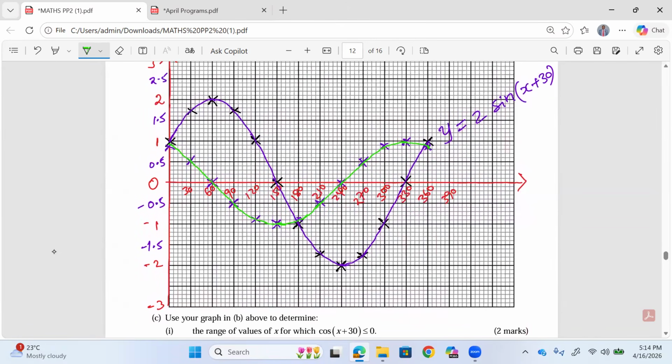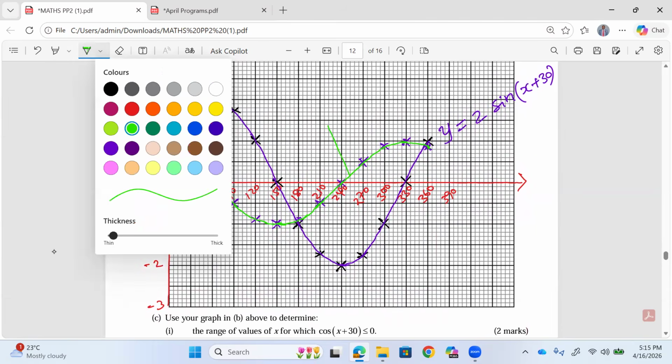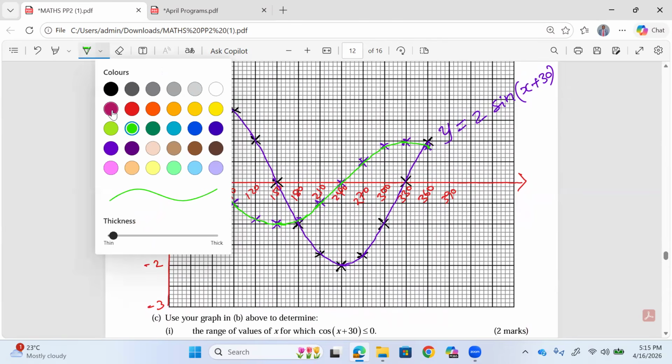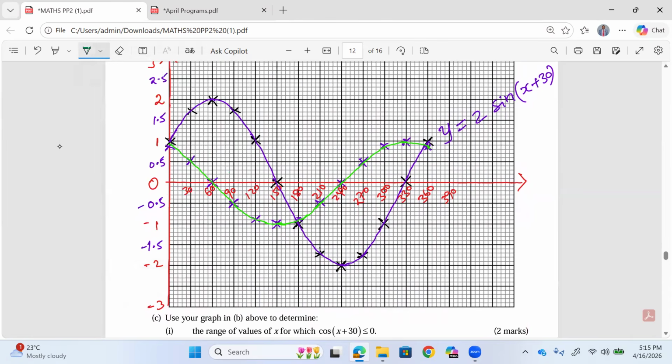The green curve can also be named. Allow me to use a different color to name the curve. This is an interesting color, this deep green or different green.